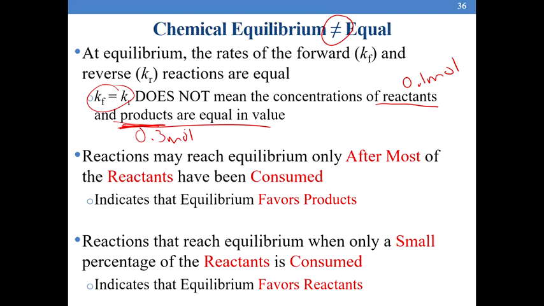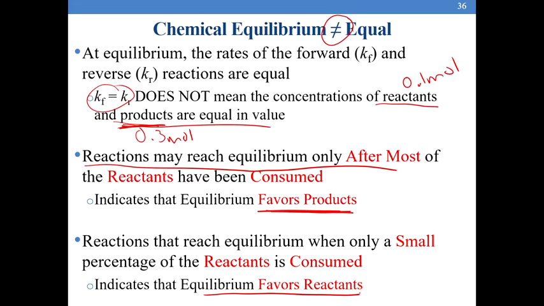Okay, so just to be clear, two other points. Reactions may reach equilibrium only after most of the reactants have been consumed. So we're going to get to equilibrium when initially the reaction favors the products. Reactions that reach equilibrium only when a small percentage of the reactants is consumed indicate that the equilibrium favors reactants.